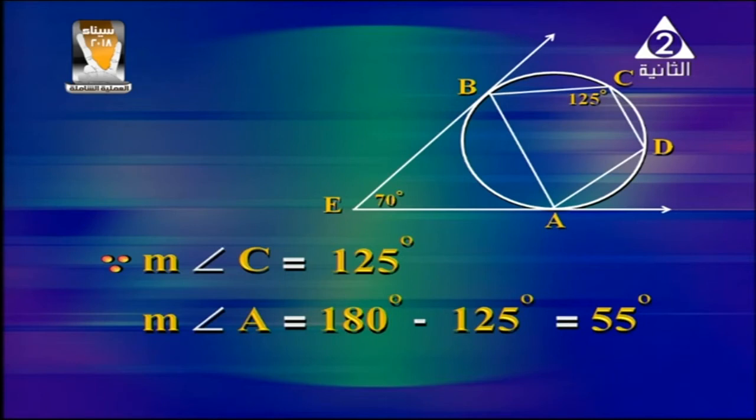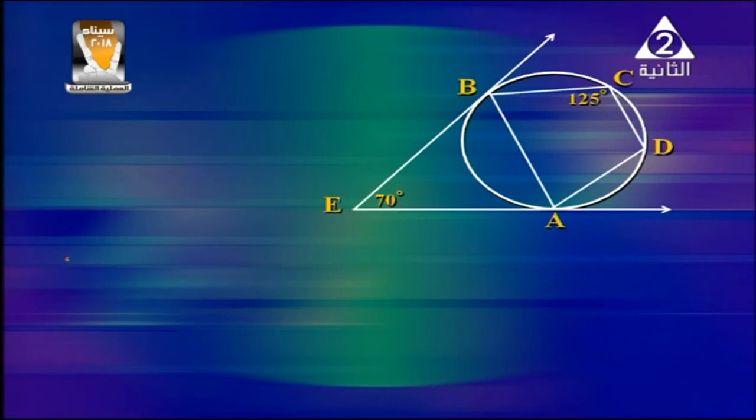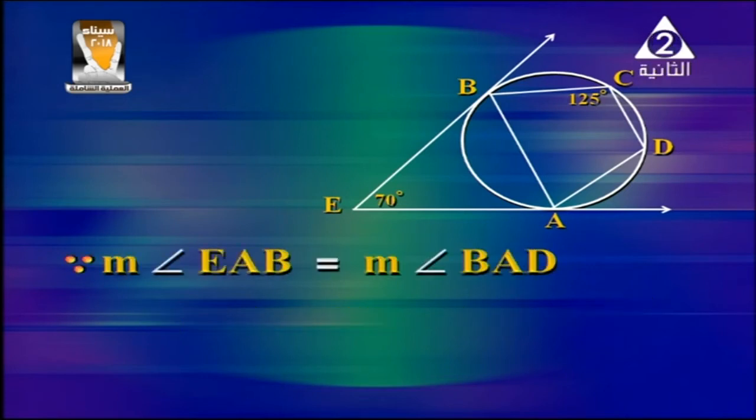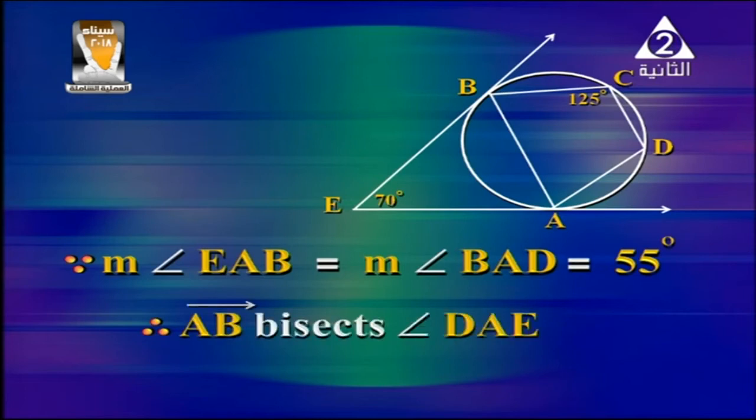Yes, what do you notice? That's correct. You notice that measure angle EAB equals measure angle BAD equals 55 degrees. So in this case we can say that AB bisects angle DAE.